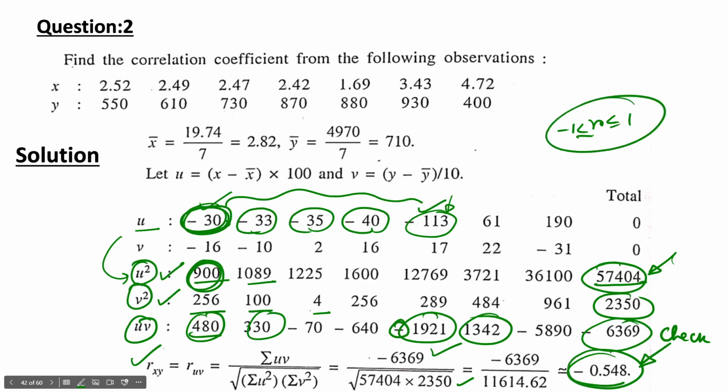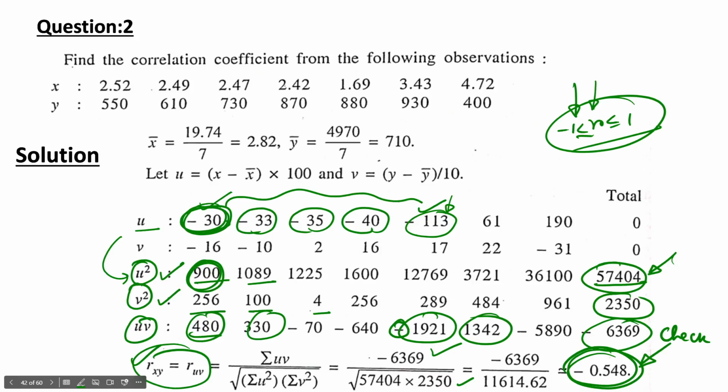If the value of r is ultimately not satisfying this, because this is the property, you know, that r should be greater than or equal to -1 and less than or equal to 1. That must be satisfied after any type of calculation. So when you are adopting any other type of steps, that doesn't matter.